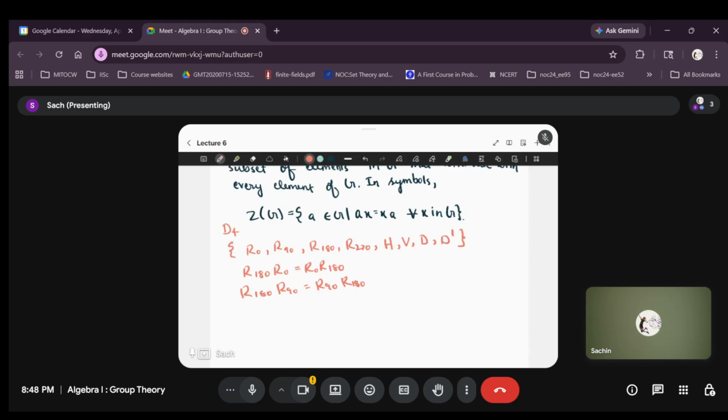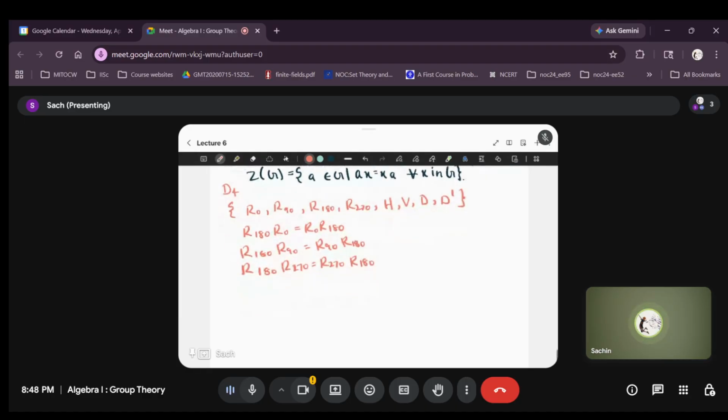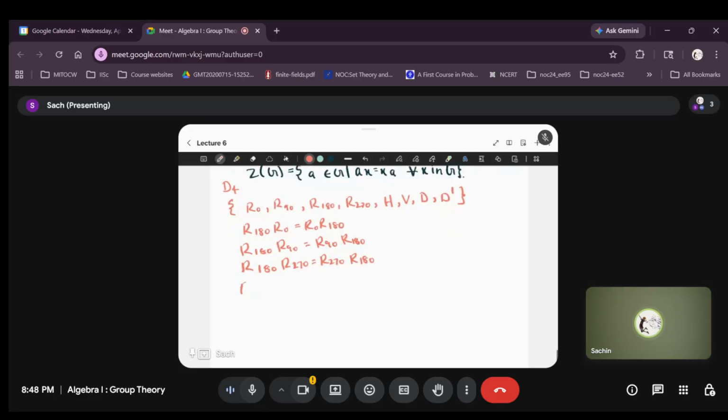So it's not very surprising that the rotations all commute with other rotations. But for R180, the reflection also commutes. R180 times H is equal to H times R180.